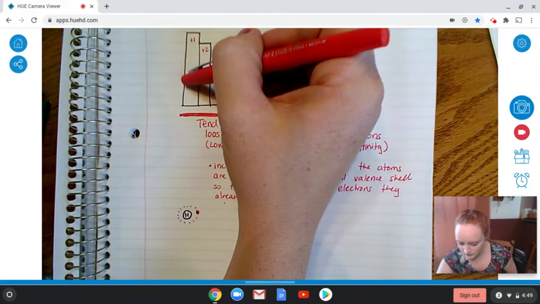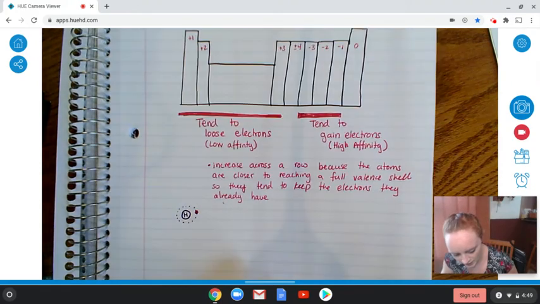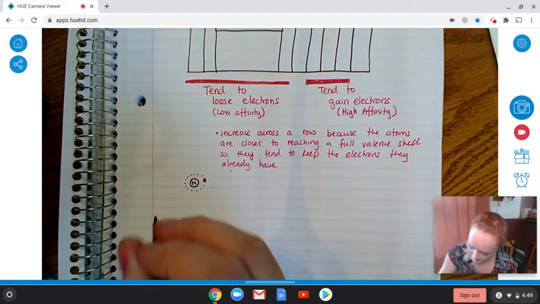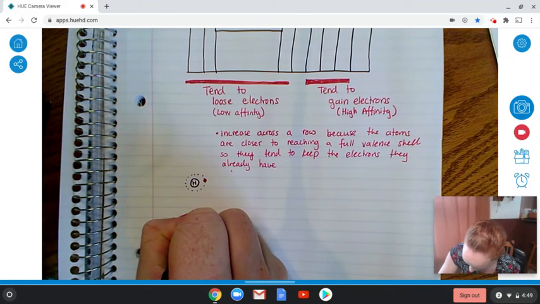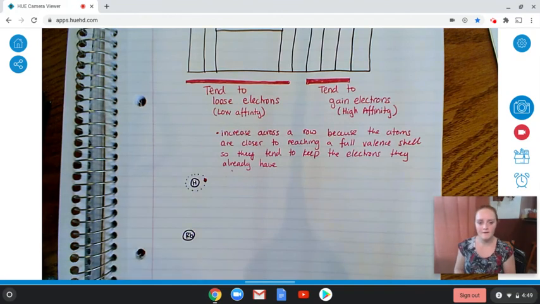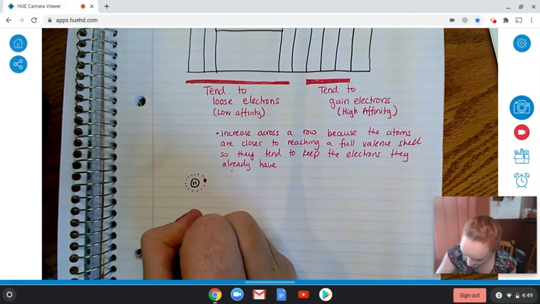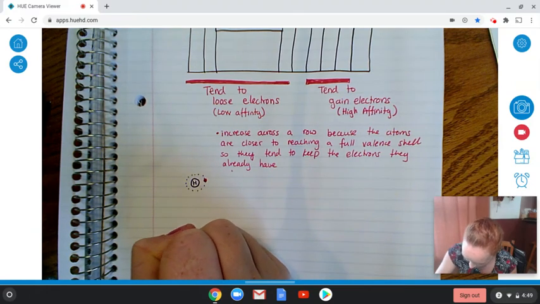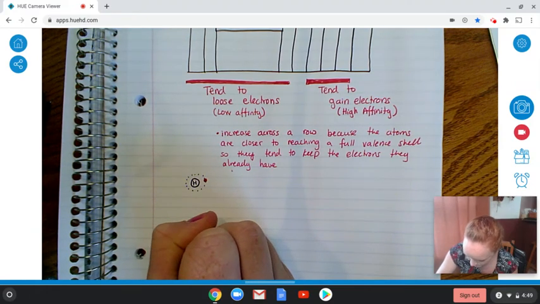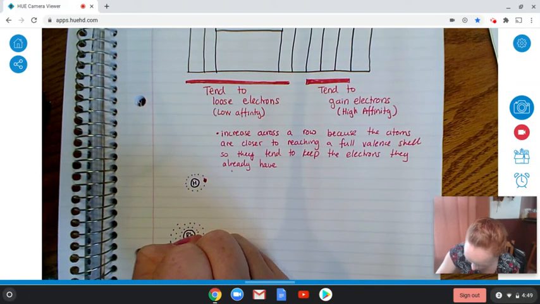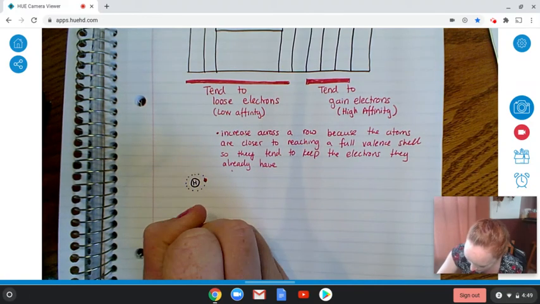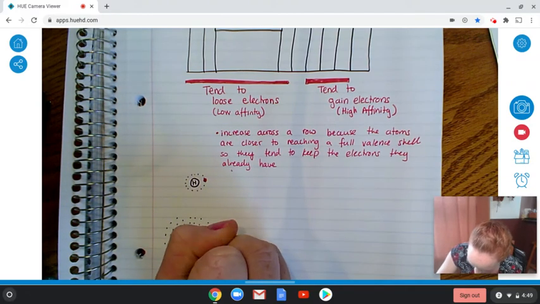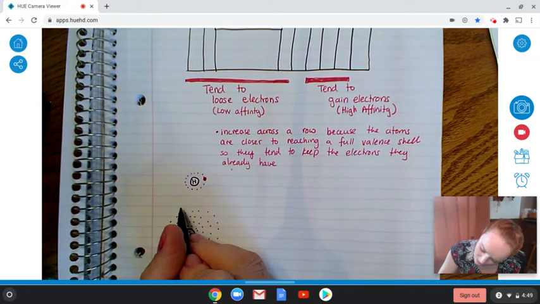As we go farther down the column, let's look at, for example, rubidium. Rubidium is in column 1, row 5. It has 5 electron rings. So that's 3, 4, and last one.